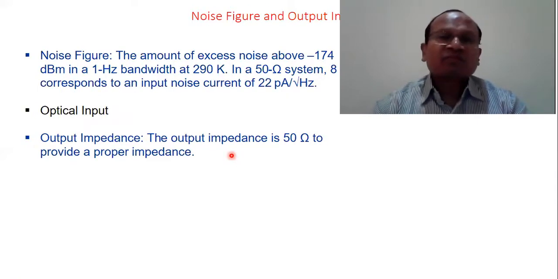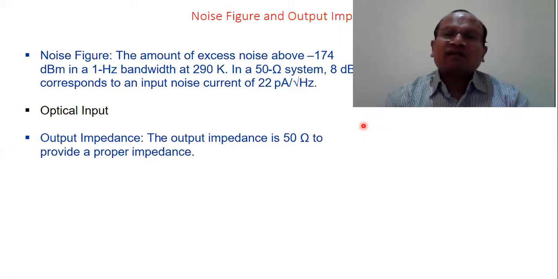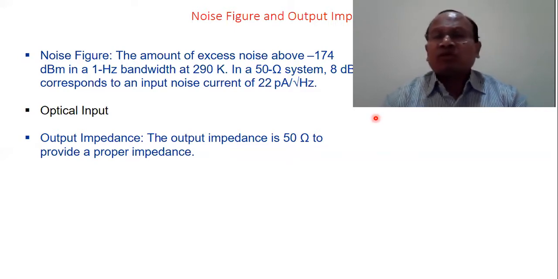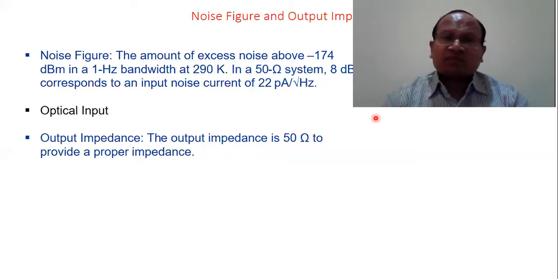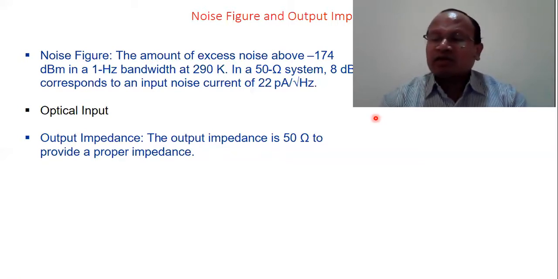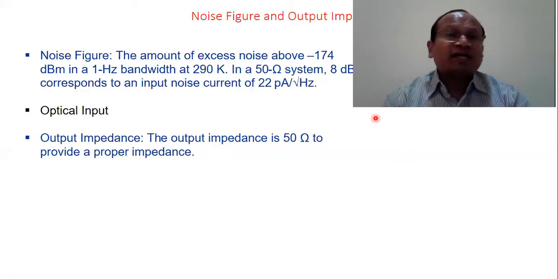So what is next? The next parameters are noise figure and output impedance. This is also an important part. Noise figure is actually a common term used in any communication system. It indicates the quantity of noise which has been added to, or mixed with, the original signal.